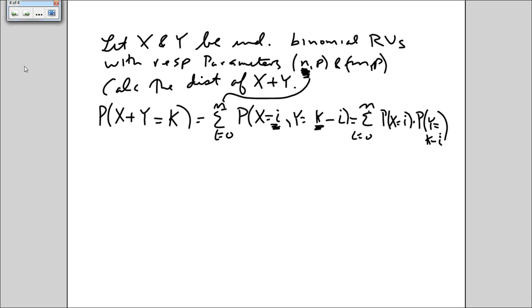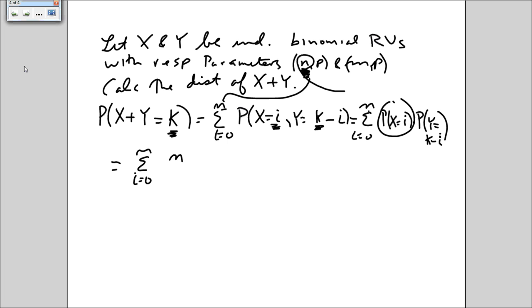What the sum adds up to doesn't necessarily have to be n. It can be more than n. Well, actually, that's not true, but it doesn't have to be n. So this is equal to the summation as i goes from 0 to n of the probability that x equals i.